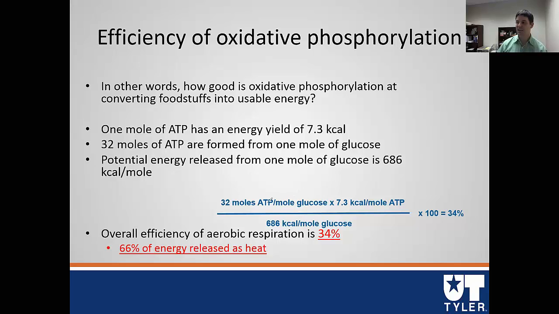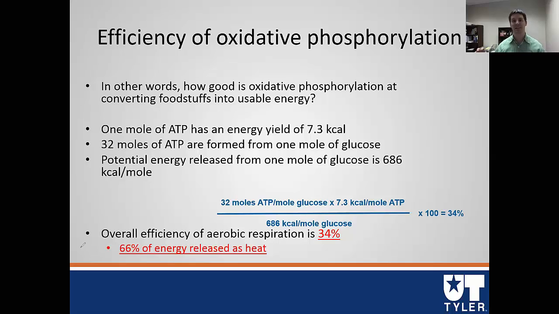So what we can do is take 32 moles of ATP per mole of glucose times 7.3 kilocalories a mole, divided by 686 potential energy released. Multiply that by 100, and that gives us what we would consider the efficiency. So how good are we at converting food into usable energy and not wasting it as heat, right? And indeed, we come out to be about 34% efficient.